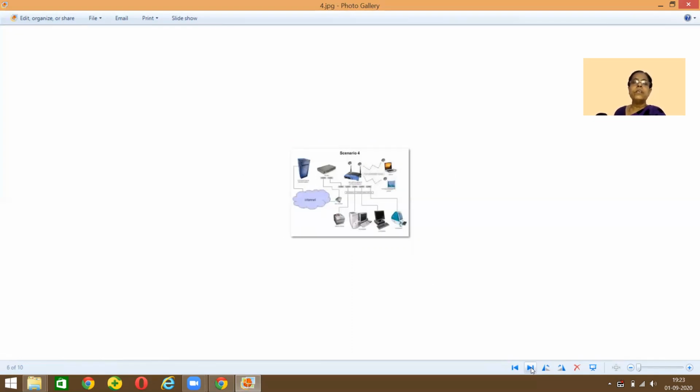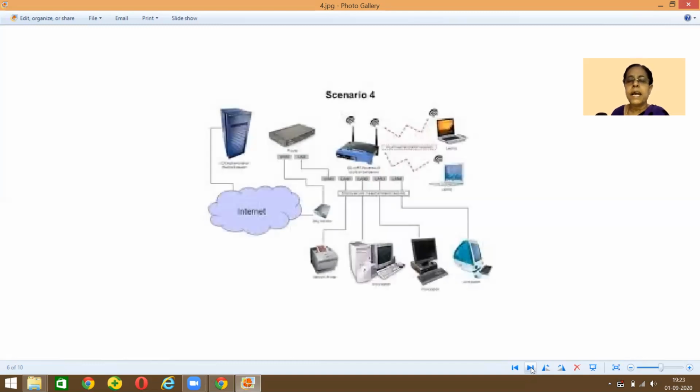It is done within a small area, say a school or an office building. Say even in our school, we have the LAN network, which is from the ground floor and also connected to the first floor. You have some computers even on the second floor which are connected. So a LAN network is a network which is connected within a small area.